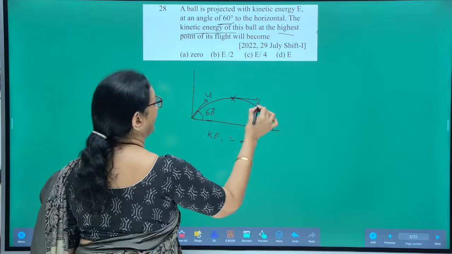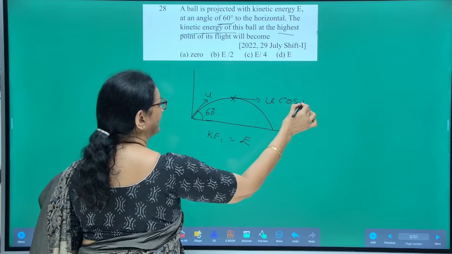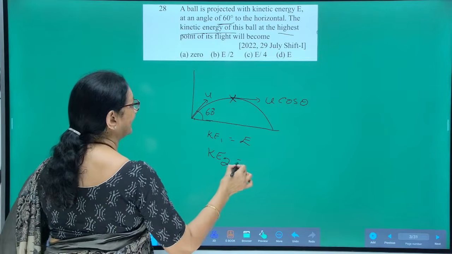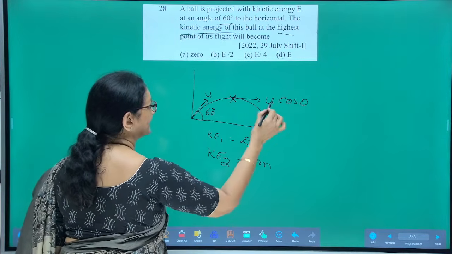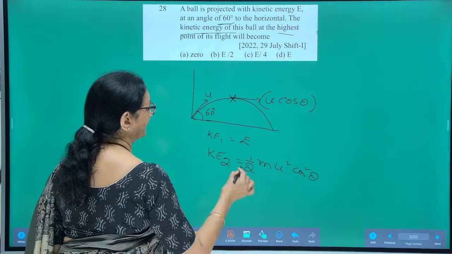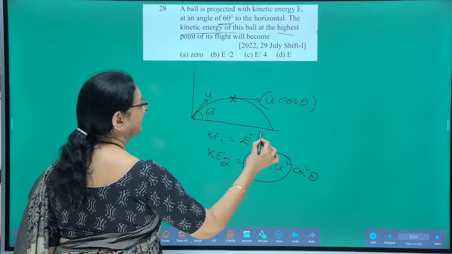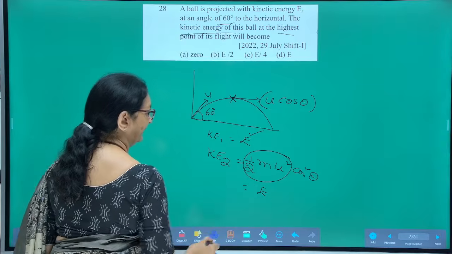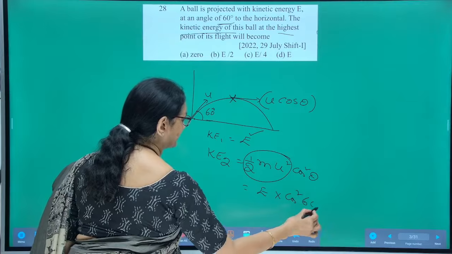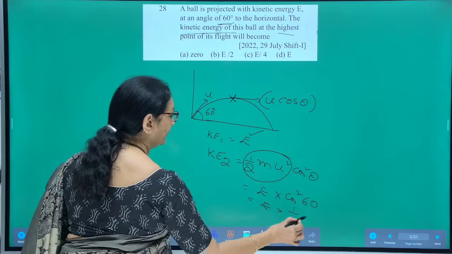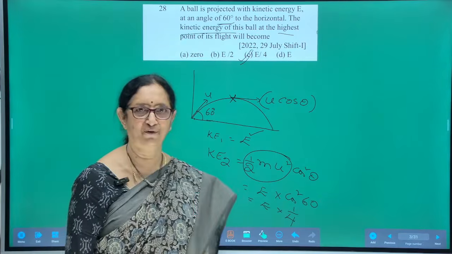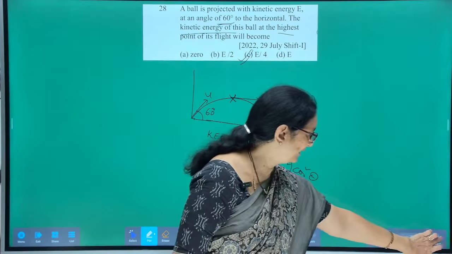At the highest point, kinetic energy is half m v square, where v is u cos theta, so half m u square cos square theta. But here half m u square is given as E, and theta is given as 60 degrees. So E into cos square 60, which is 1 by 4. So the answer is E by 4. Okay. Now, read the next problem.